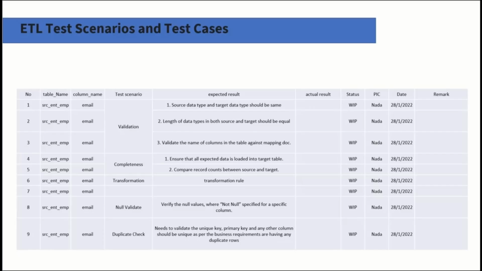The actual result will consist of the SQL query that the tester used for a specific scenario and the result of the query. If the result is as expected, then status should be changed to pass. Otherwise, it's fail. Each scenario has its own query, which is going to be explained in the following lecture.